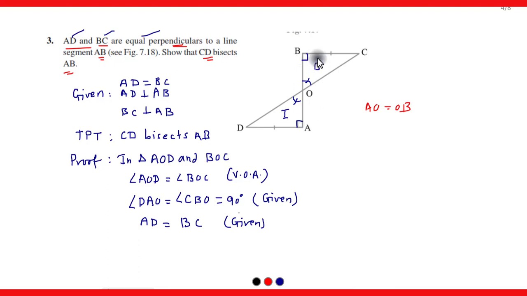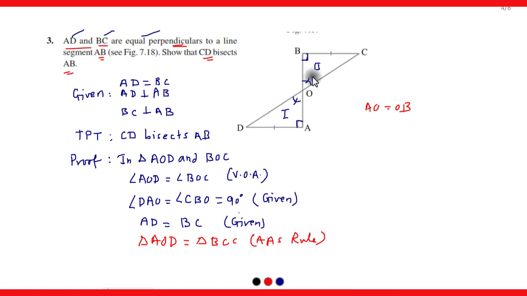Now see here. This angle and this angle are equal, and BC and AD are equal, and therefore by the AAS rule these two triangles are congruent, and therefore triangle AOD is congruent to triangle BOC, reason: the AAS criteria.